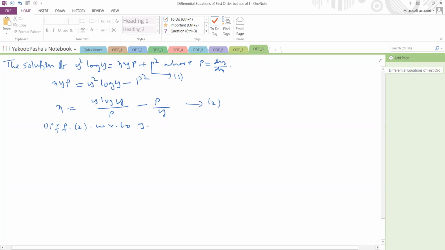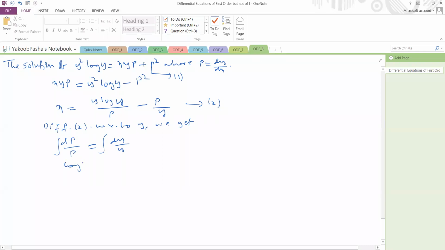So we get, using the u by v formula, you can differentiate this by u by v, and that is also u by v. Now, after simplification, I'm writing directly dp by p is equal to dy by y. Here we have separated p dp terms and y dy terms.